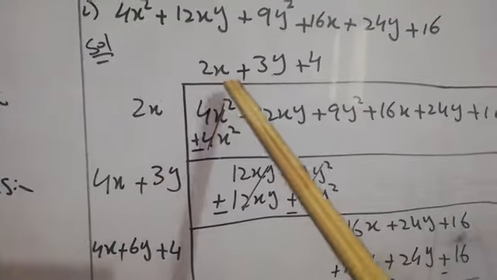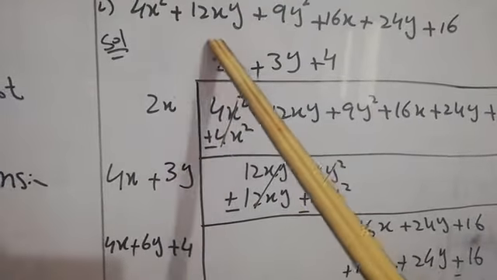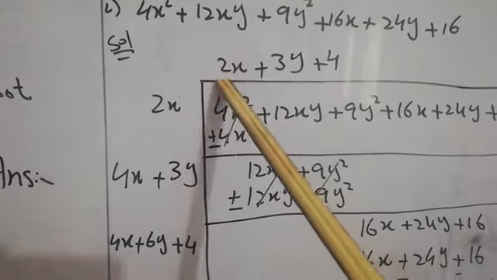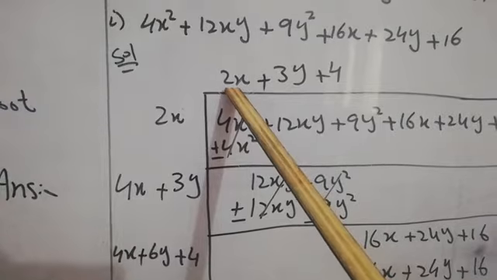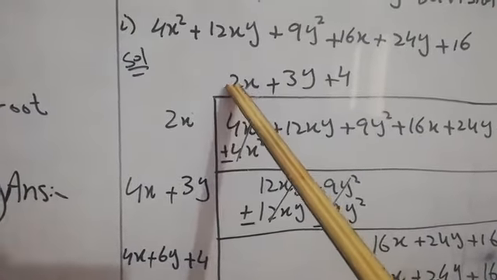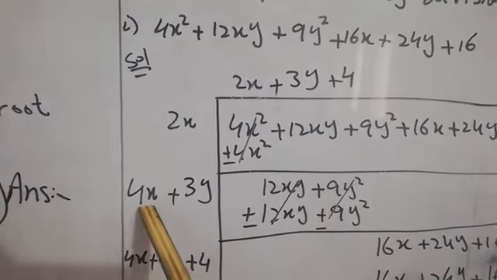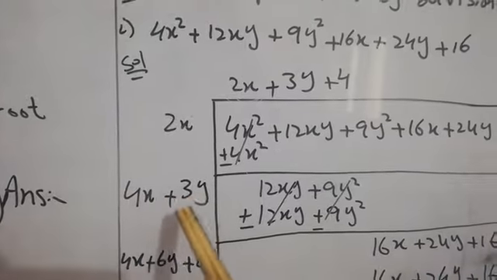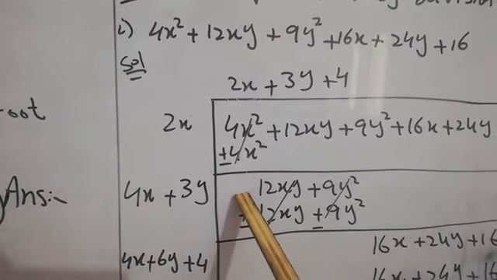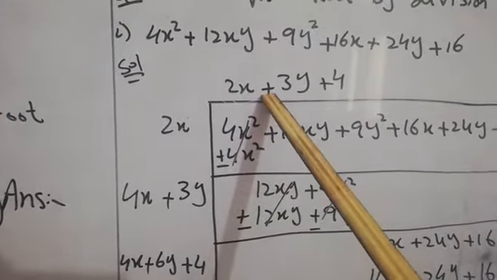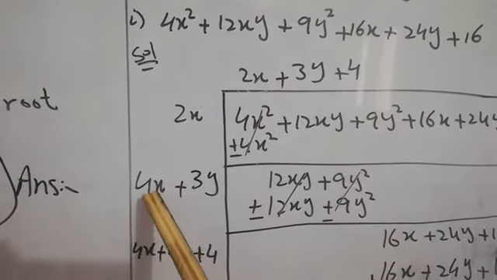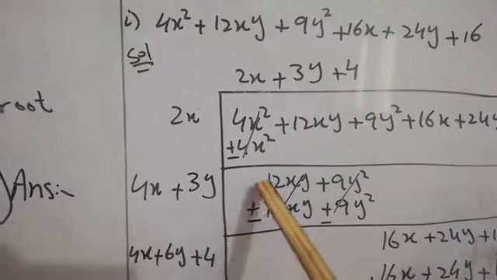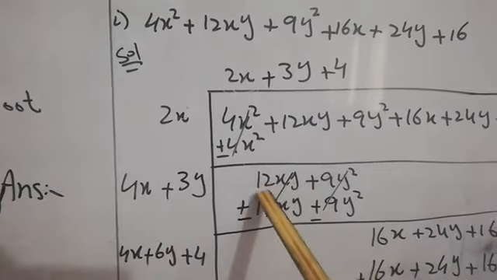Now in the second step, first of all you will double this value, meaning you will multiply this quotient by 2, and 2 twos are 4. It will change into 4x. Here there is a sign of plus, so you will put a plus sign here, and after that you will check that this is 4x and this is 12xy.